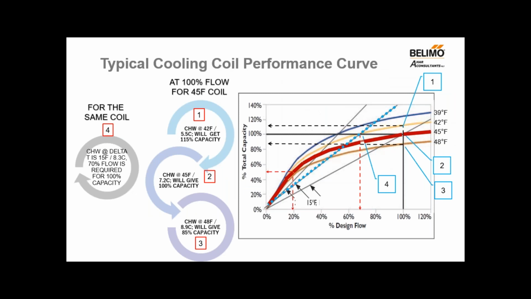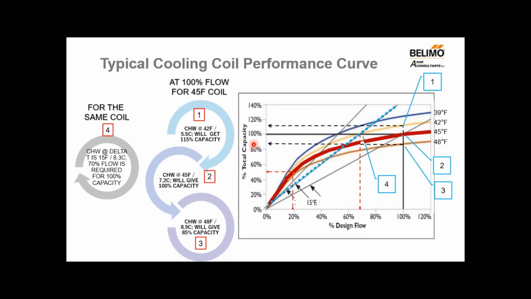Okay, this is a typical cooling coil performance curve. The cooling coil performance depends on various factors: chill water supply, flow rate across the coil, coil surface area, etc. Assuming a coil is sized for 45 °F chill water supply temperature and 10 °F delta T, the coil output is 100% when it receives 100% of flow, which is at the design chill water supply temperature at point number 2.